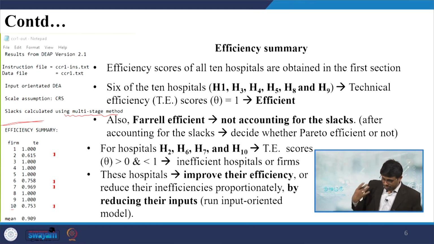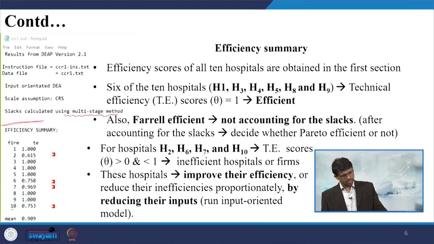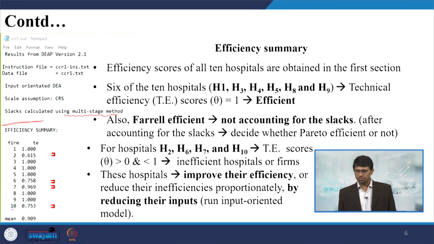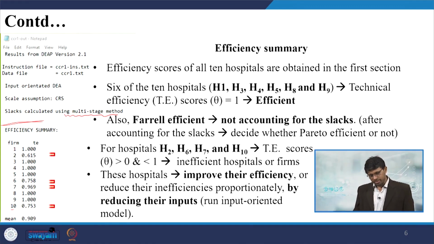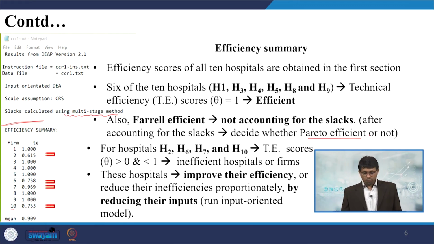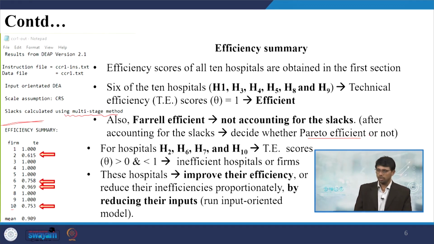So, we need to have scope for utilizing their slacks, if you remember. Hence, we will try to differentiate Farrell efficient as against Pareto efficient firms. So, these have scope for improvement. Okay. So, improve their efficiency or reduce their inefficiencies proportionately by reducing their inputs through the input oriented models.